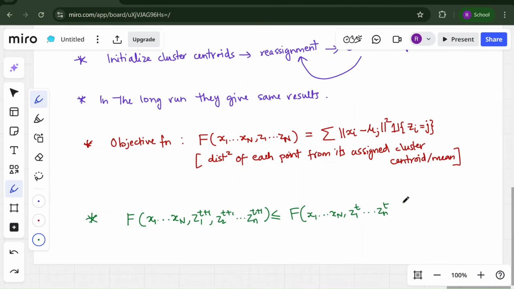So for each iteration, this objective function will keep on reducing, until whenever it becomes equal, which means that the process has stopped.